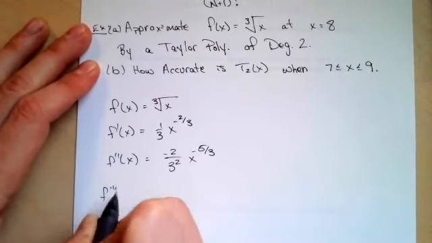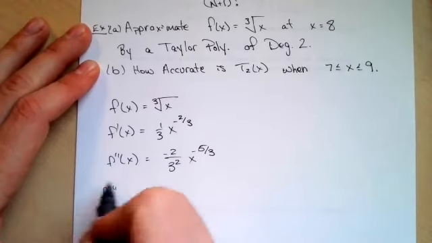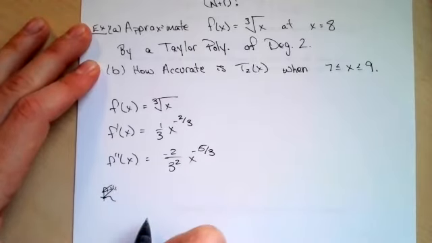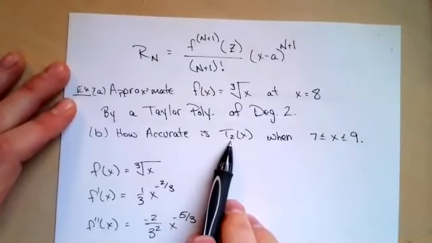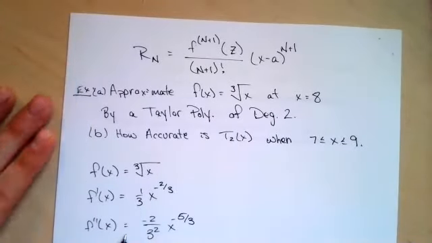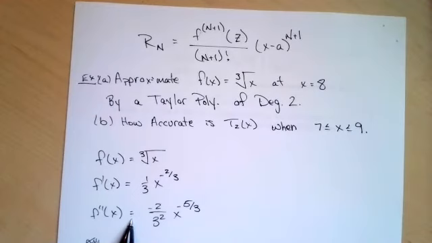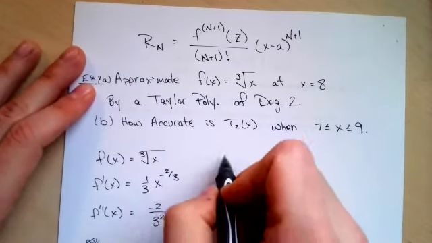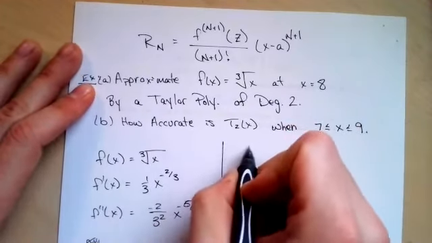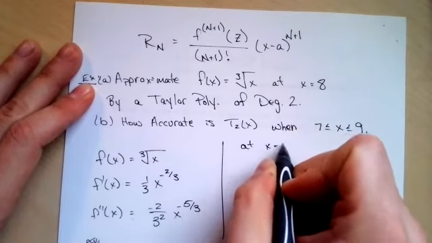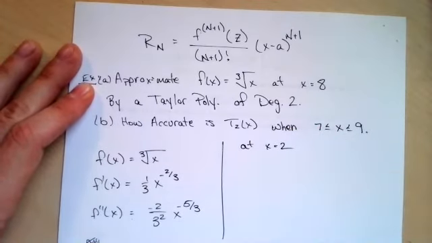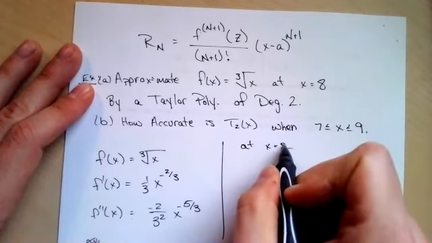Our third derivative, never mind. We can stop there. Since we only wanted degree 2, we only need to go down to derivatives of order 2. And so we can evaluate those at x equals 8, excuse me.